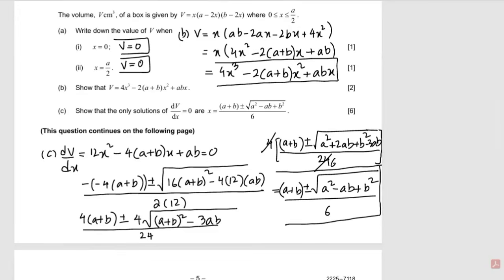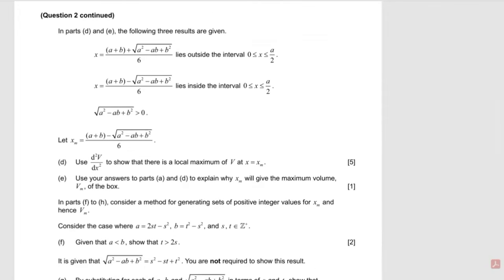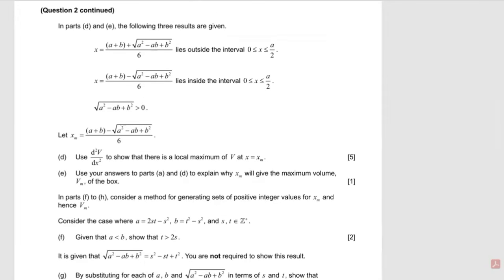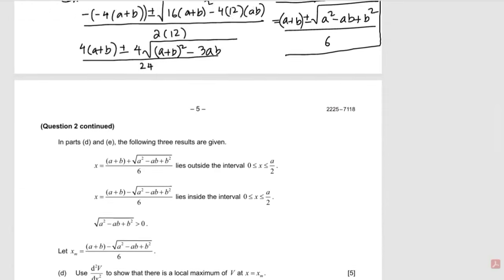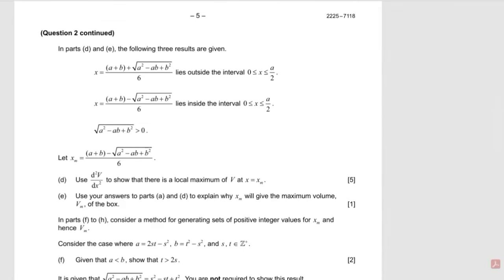Okay, let's move on with the next parts. They're saying in parts D and E, the following 3 results are given. So X is either the positive, in the middle root, the negative is the solution that I got from the previous part, right? And this thing is positive, right?